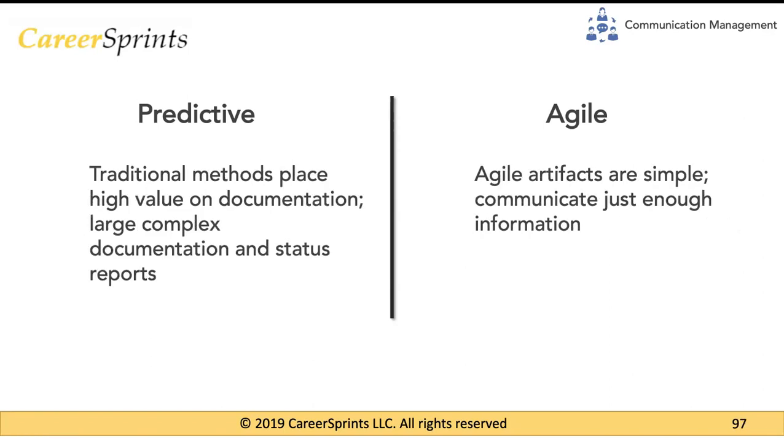Now, let's look at the second point of difference between predictive and agile projects when it comes to communication. In predictive projects, there is a high value on documentation. So we are basically producing elaborate plans and reports and records that we are maintaining. In reality, if you look at these plans and reports and records, they don't really help anyone in the organization.